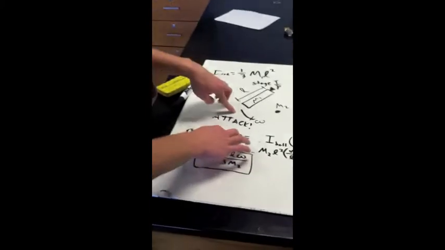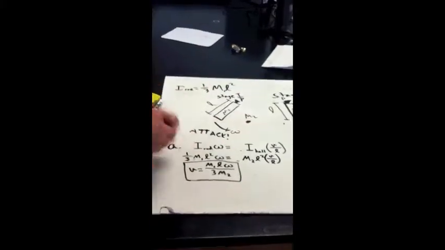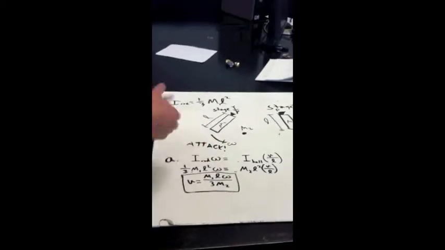We're going to have the moment of inertia of the rod times the angular velocity of the rod. The initial angular momentum is going to be equal to the final angular momentum. Angular momentum is conserved because there is no external torque on the system.